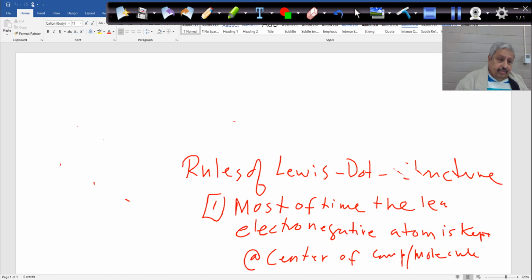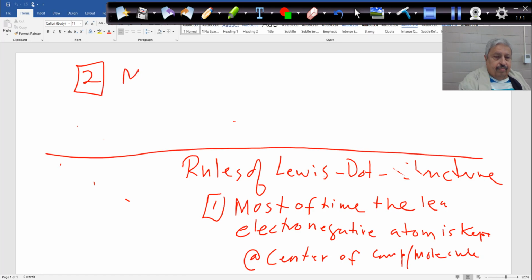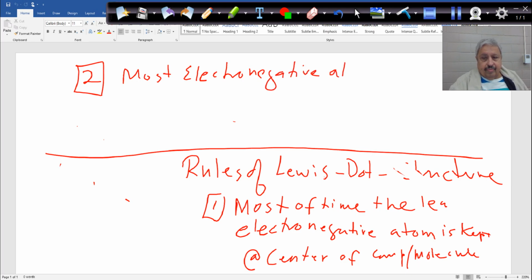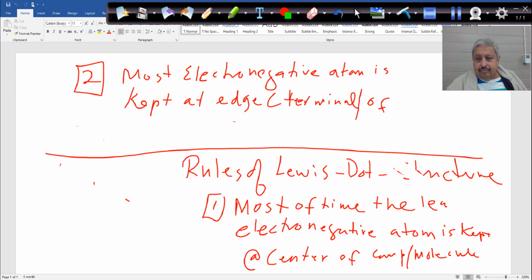The second rule here is the most electronegative atom is kept at the edge, and the edge is sometimes called the terminal of the molecule. We'll talk about electronegativity later on. So the most electronegative are kept at the edge.